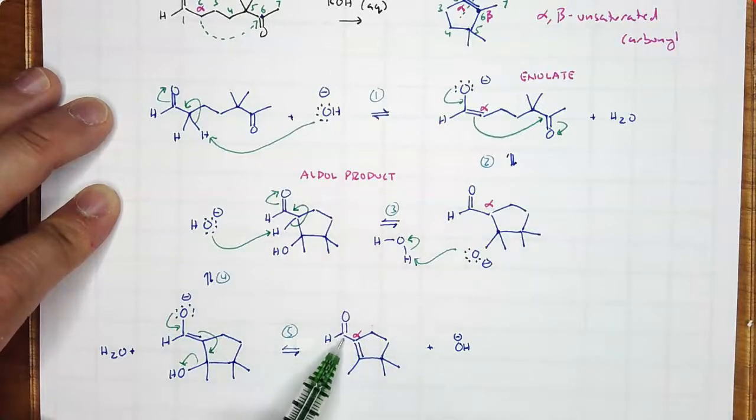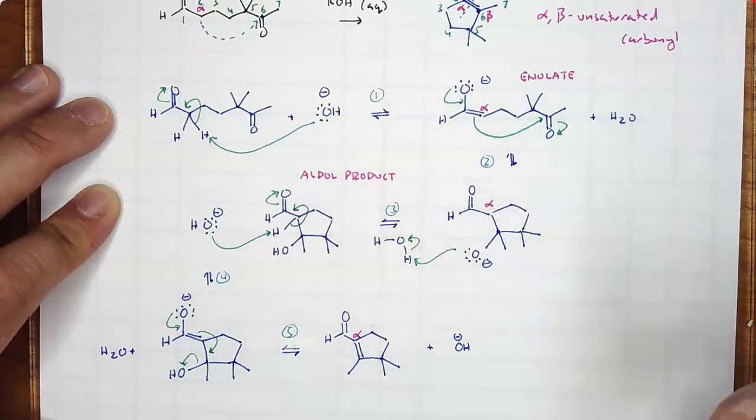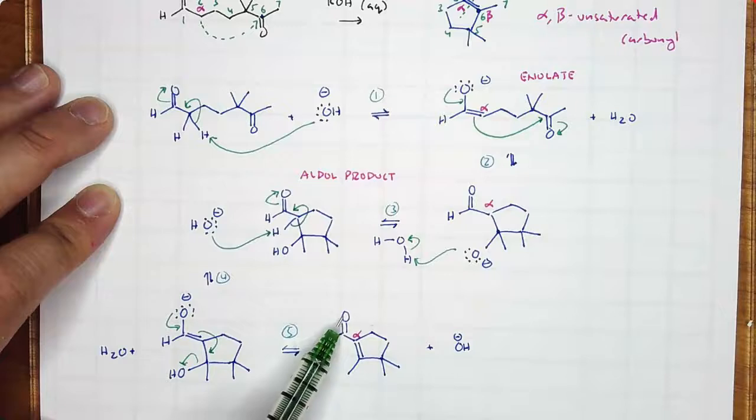Conjugated means that you have a double bond, single bond, double bond alternating pattern. That is stabilizing. It's a stable product because all of these atoms are sp2 hybridized, and these pi electrons can actually be shared between these 4 atoms. So you're delocalizing the pi electrons because it is conjugated.